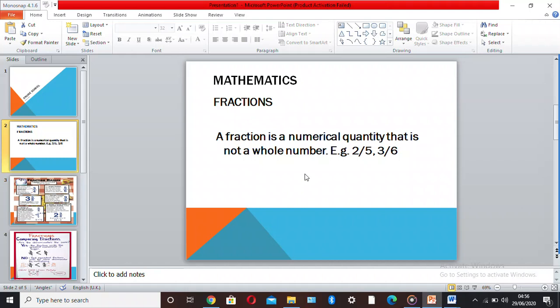But when we're talking about fractions, we're looking at 2 over 5, 1 over 2, 3 over 6. These numbers are fractions. It is a numerical quantity that is not a whole number.